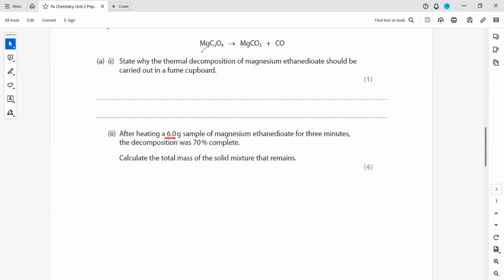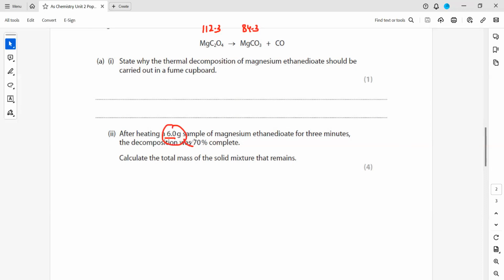So 6 grams of a sample. The molar mass of magnesium ethanedioate will be 112.3. For magnesium carbonate, magnesium is 24, carbon is 12, and oxygen is 16. So the total mass, when we add them, will be 84.3. So that's the ratio of the mass.